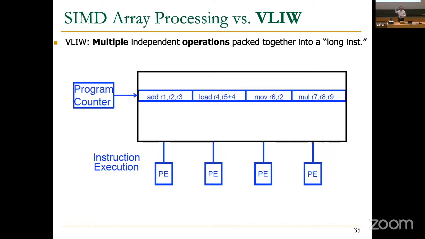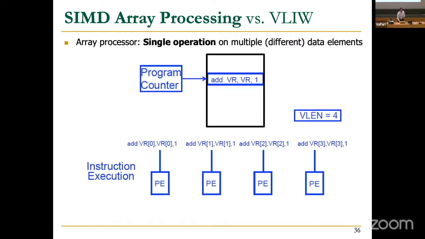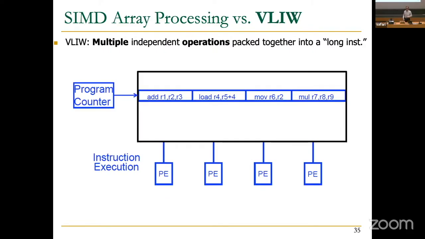VLIW guarantees that these can be concurrently executed. An array processor also guarantees that this instruction specifies 4 operations, in this case vector length is 4, that can be concurrently executed because they're independent of each other, because of a different semantic property. In VLIW, the compiler guarantees that these are semantically independent.